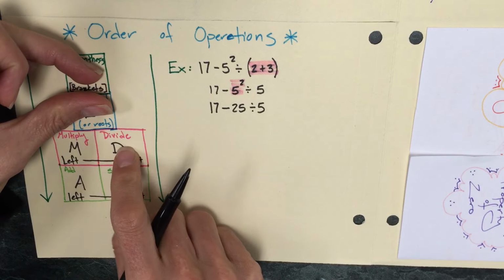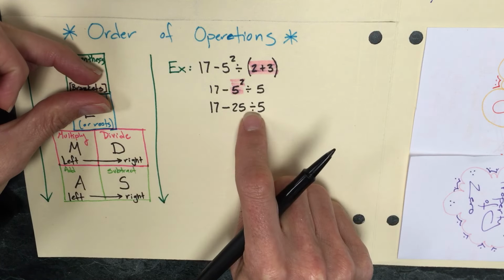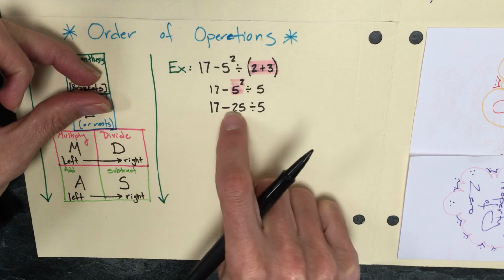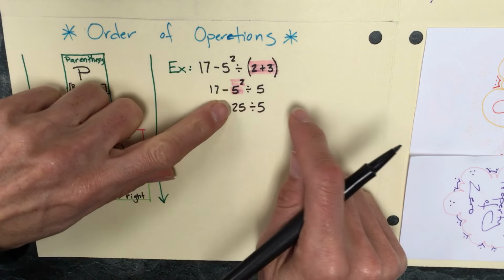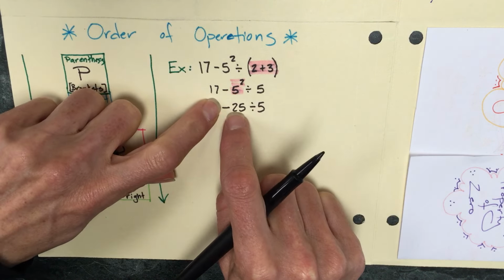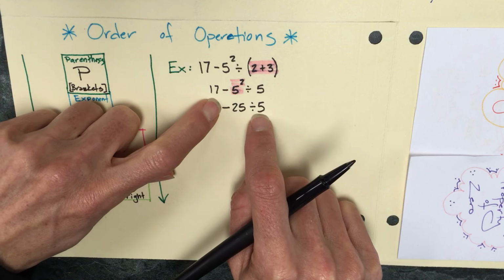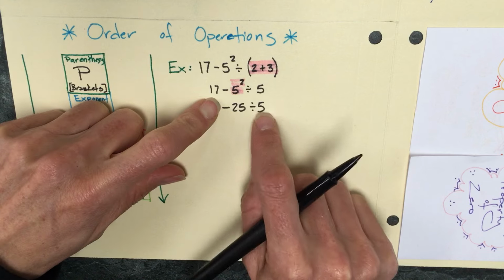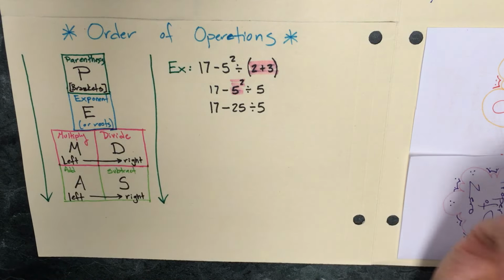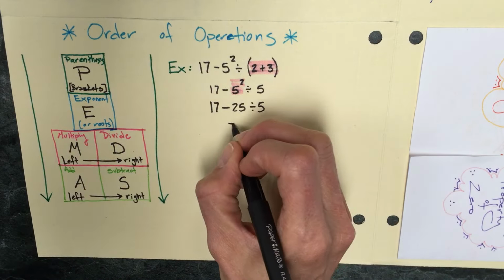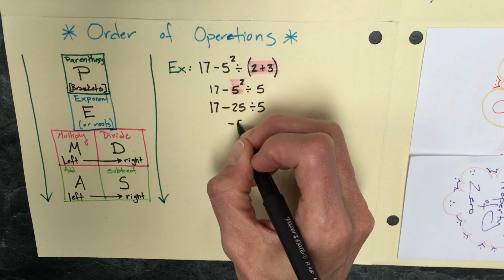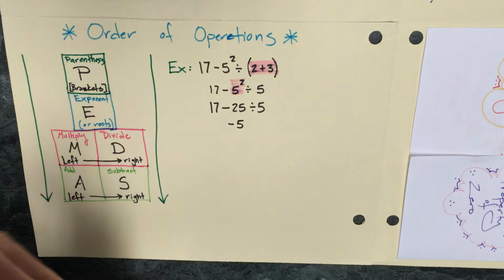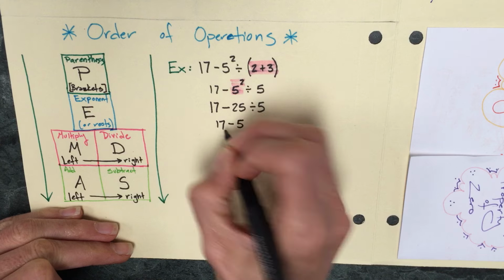So I did those 2. Is there any multiplication or division? And there is. There's division right here. So I'm gonna, don't want to subtract yet. I'm gonna divide this negative 25 by 5. And in integer rules, a negative divided by a positive is a negative, and 5 goes into 25 5 times. So I'm going to bring down the 17.